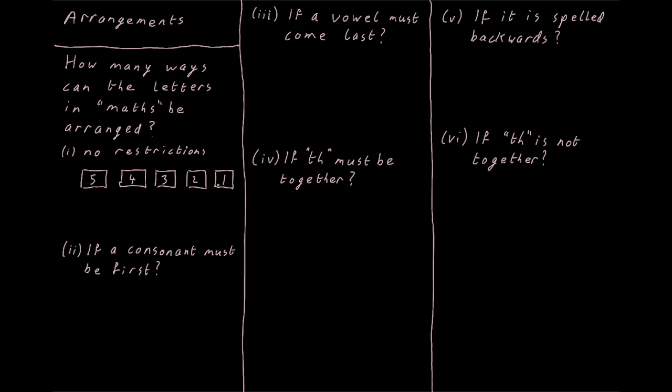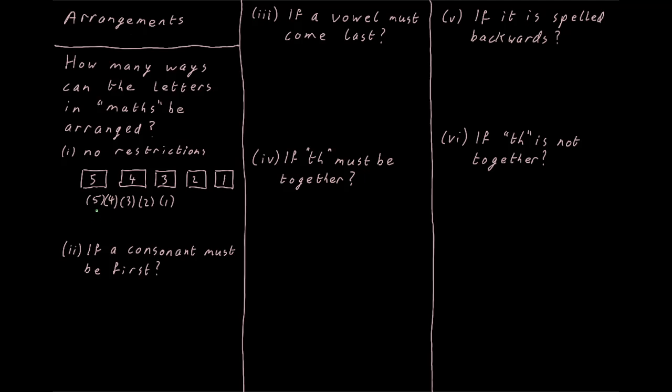So we know from our fundamental principle of counting that I would have 5 by 4 by 3 by 2 by 1 options available to me in total. So that's the number of ways that I can arrange my pieces of paper on the table.